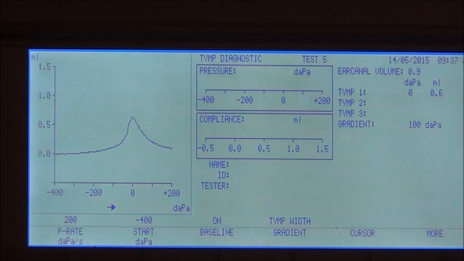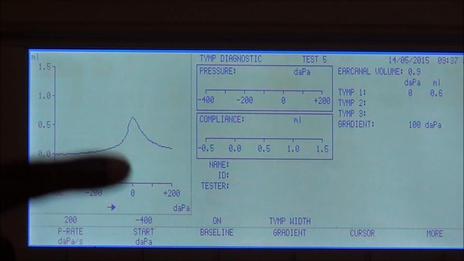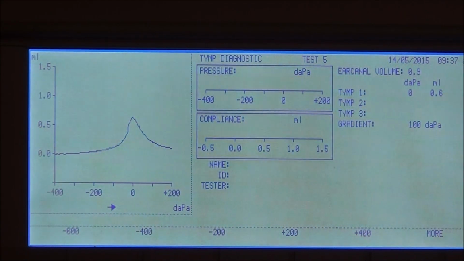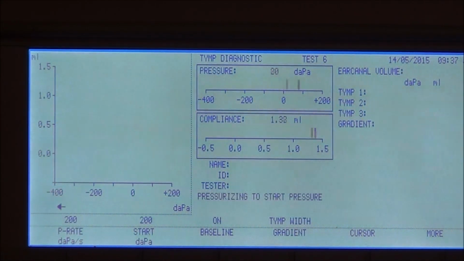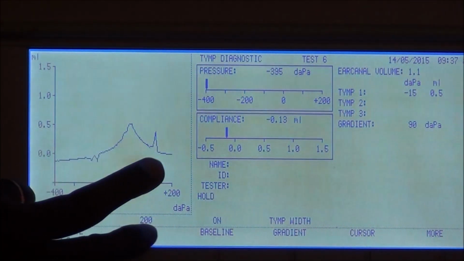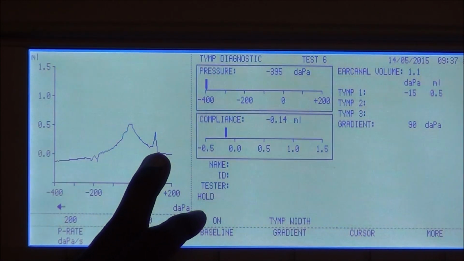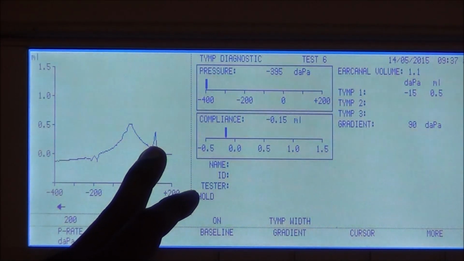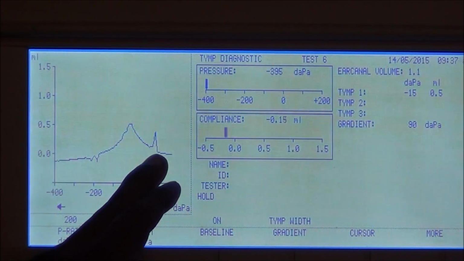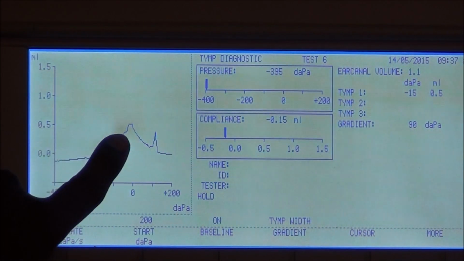compliance obtained. Suppose because of any methodological error, I slightly shake the tube probe while I do the test. Okay, so now did you see that there is one more peak here, right? This is because of a leak or some movement. In this case, this peak is shorter than the peak compliance.